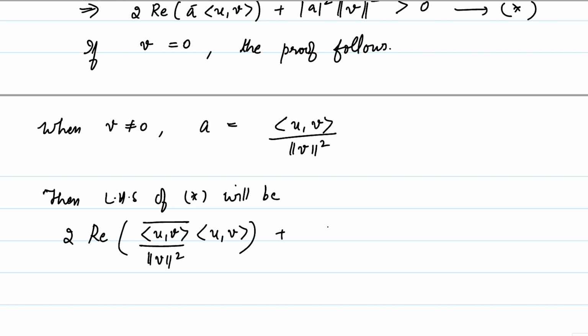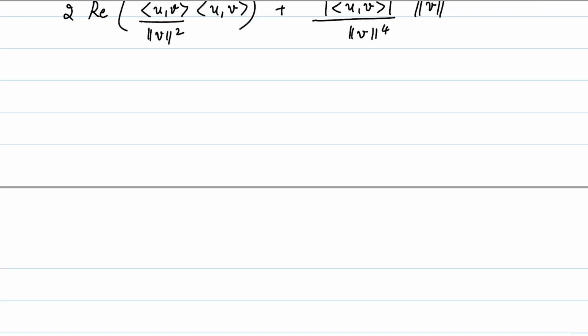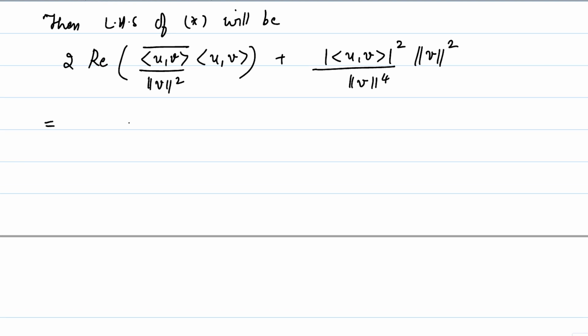And how about mod a square? Mod a square will be the inner product of u comma v the whole square by norm v square, length v square, the whole square. So this is going to be length v to the power 4 over length of v square, which is just going to be equal to 2 times the real part of the absolute value of u comma v the whole square by length of v square.